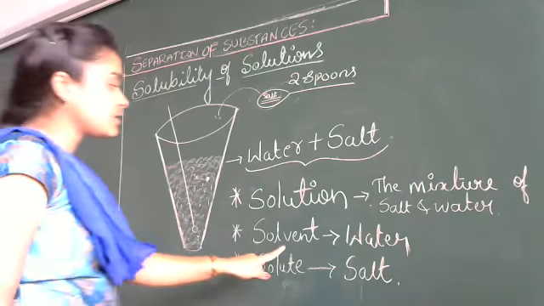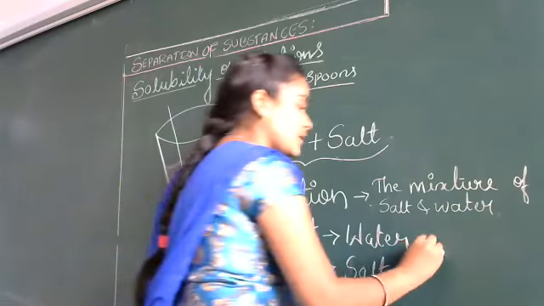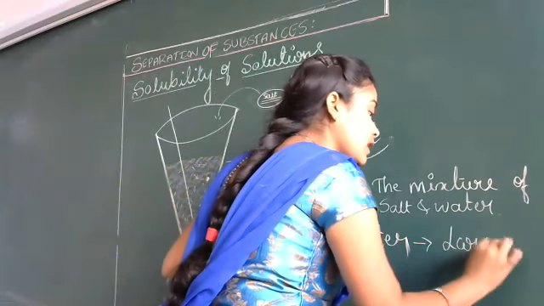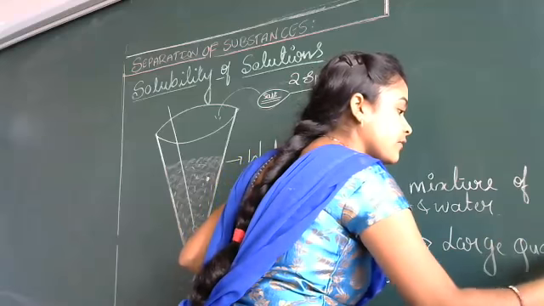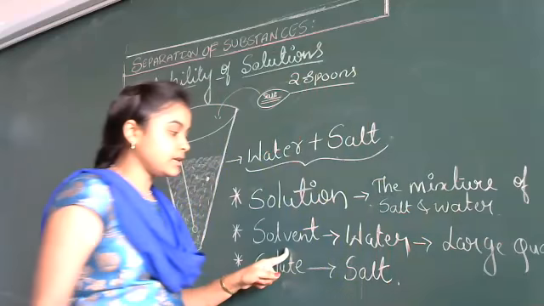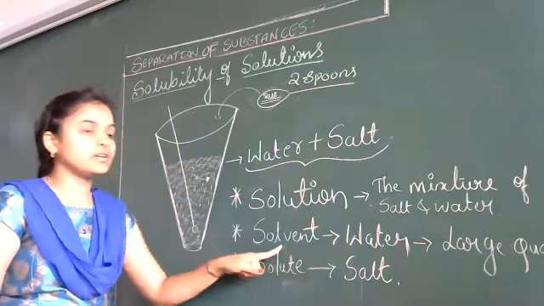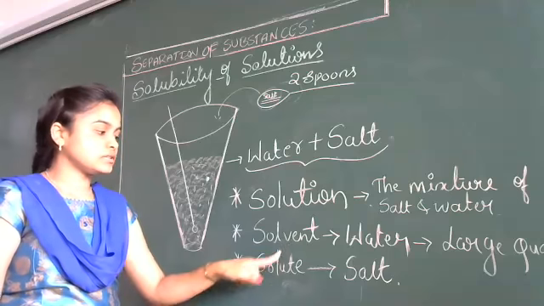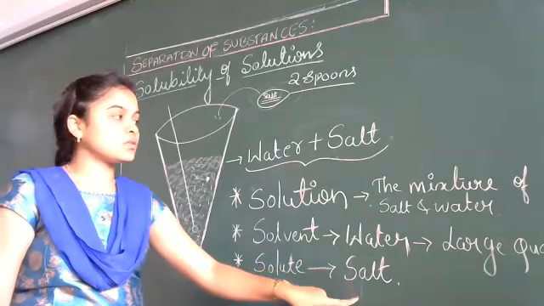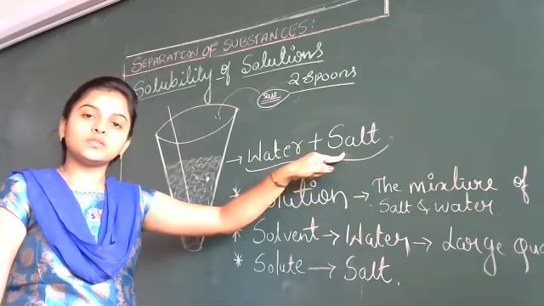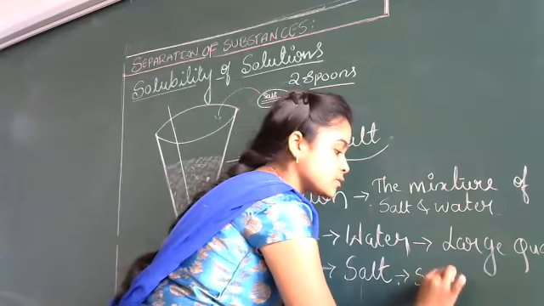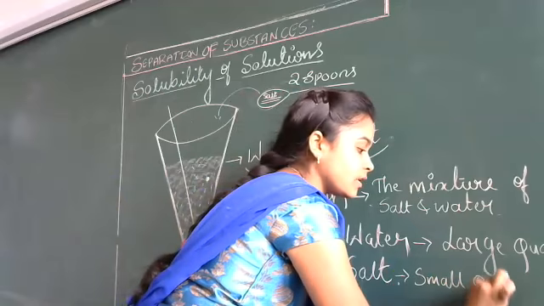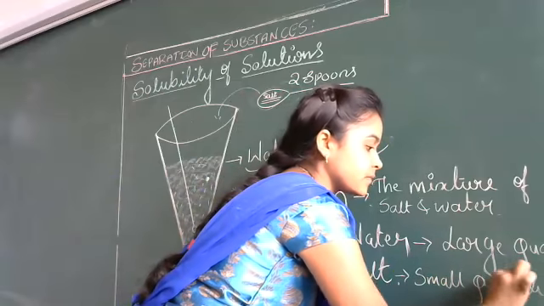Solvent is the term for the substance present in a large quantity. So water here we have taken in large quantity, and that is why we call it a solvent. Next one, solute. What is it here? Salt. Salt we are taking in a small quantity.